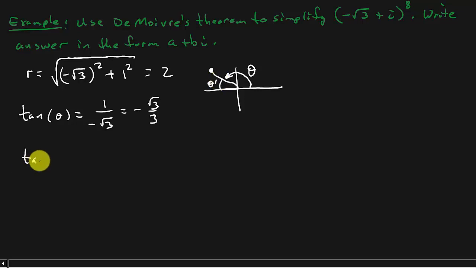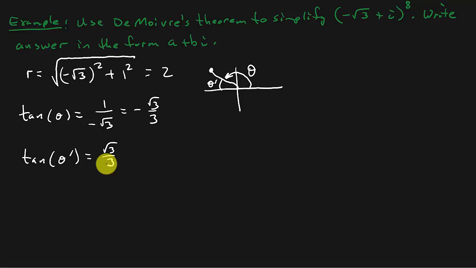Remember, to find your reference angle, you set tangent equal to positive square root of 3 over 3, because the sine, cosine, or tangent of a reference angle is always positive, because your reference angle is a first quadrant angle.